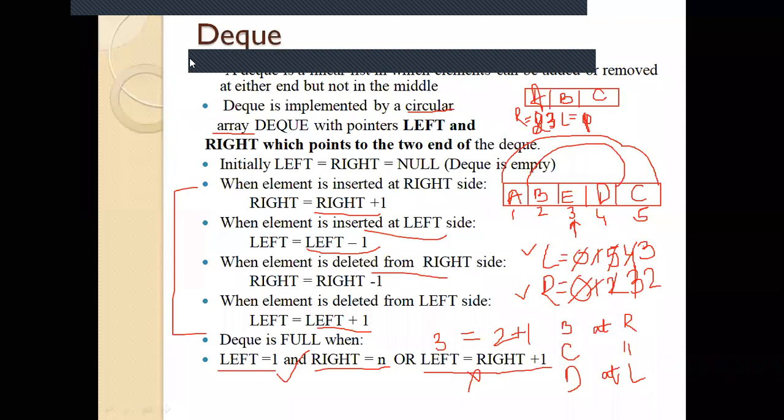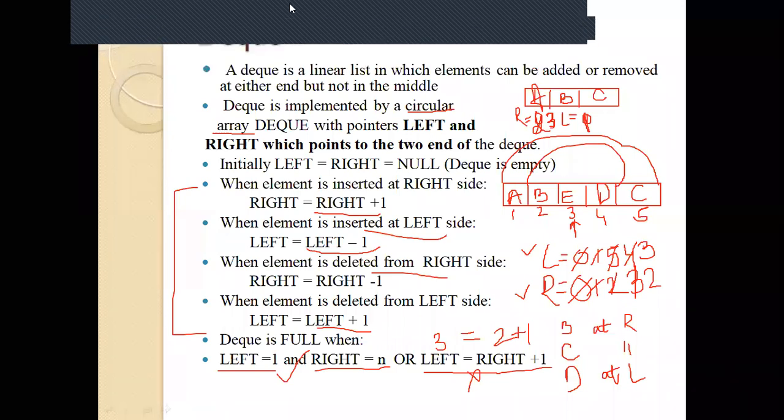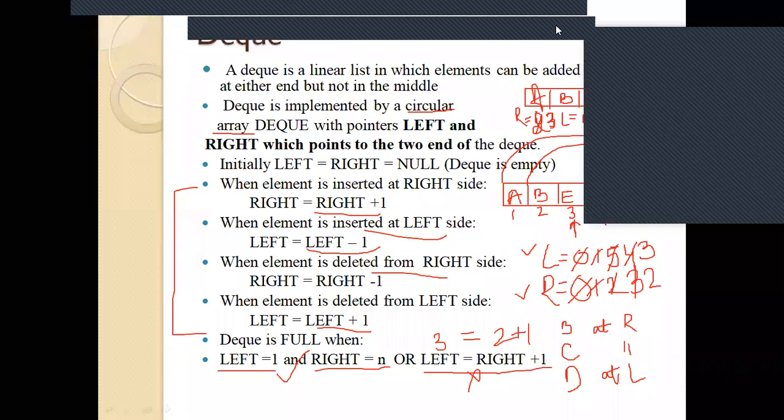Okay, I will take one more example from your book. Tell me if you have any doubt in this. Yes, beta. And if it's clear, please write down in chat box.